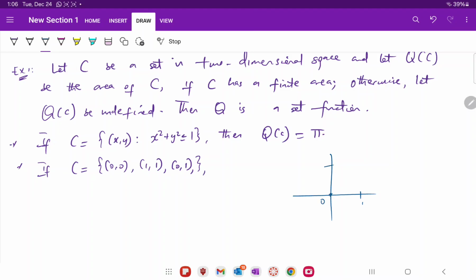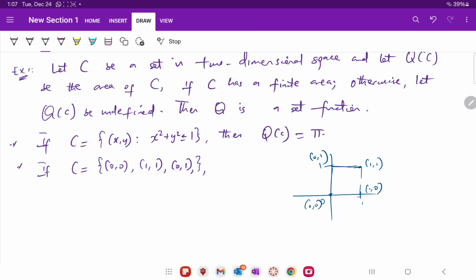We have 0, 0 here, 1, 0 here, 1, 1 here, and 0, 1 here.